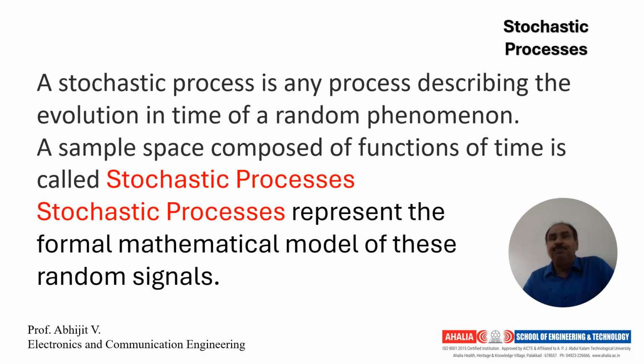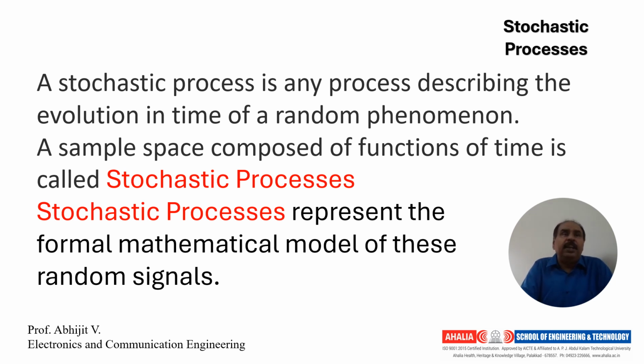Stochastic process. A stochastic process is any process describing the evolution in time of a random phenomenon. In simple terms, a stochastic process means a random process where one variable is time. A stochastic process is a random process which varies according to time.